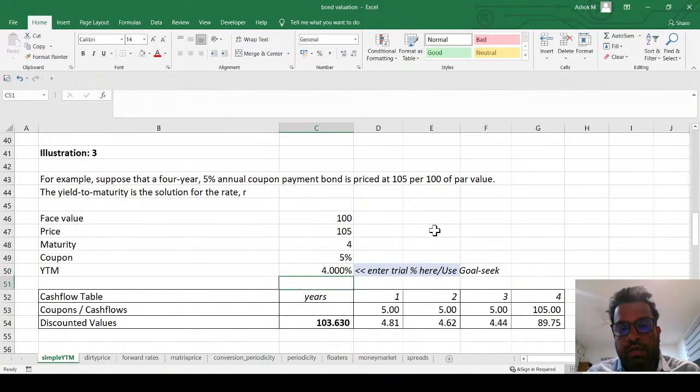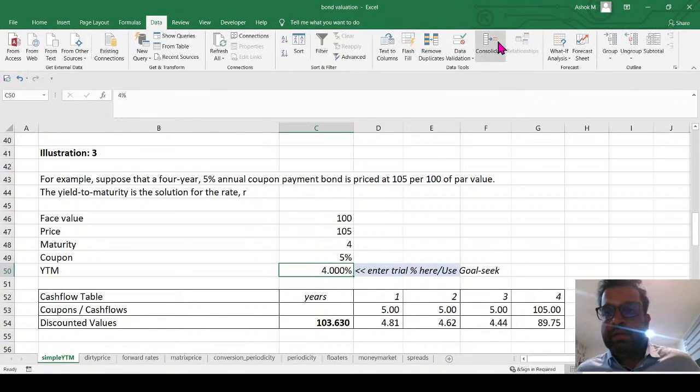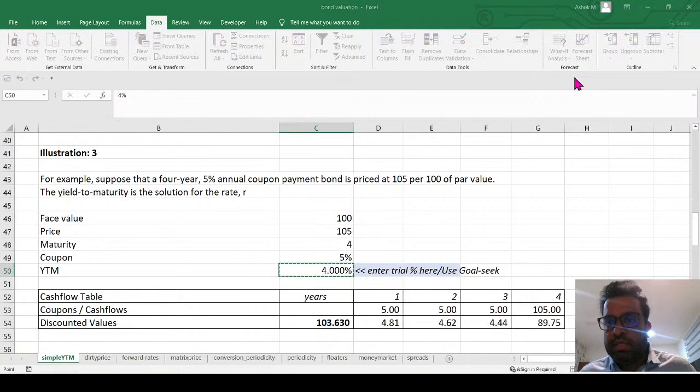It's not working here. 103.630. You need 105. So what you will do is go to data, go to what if analysis, go to goal seek, and you will set the target cell. What is the cell you want?